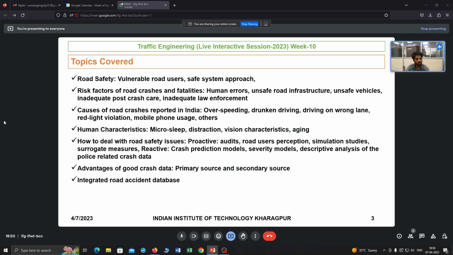If it is insufficient, this may lead to an accident. If it is on a curve and your SSD is insufficient, it will result in road crashes. So this kind of problem may be there in terms of road infrastructure.